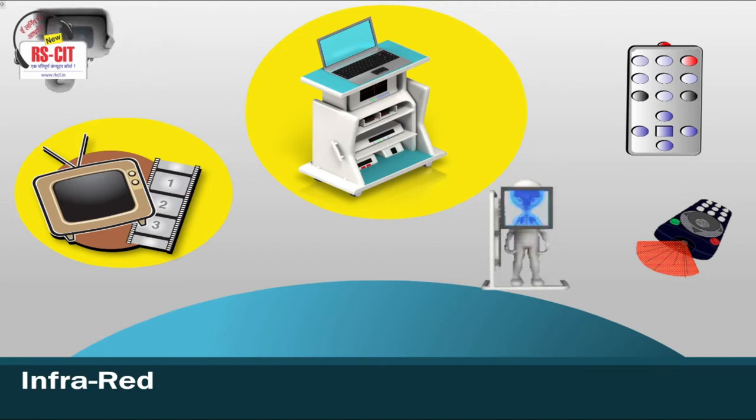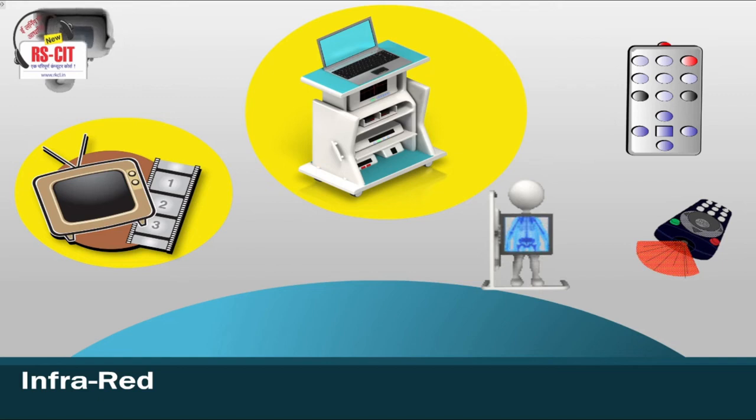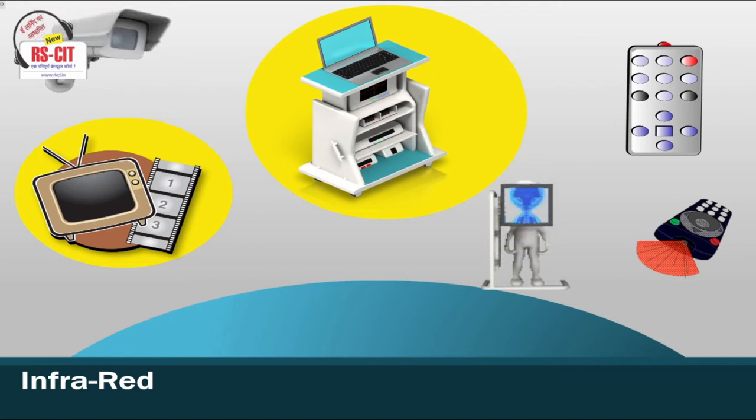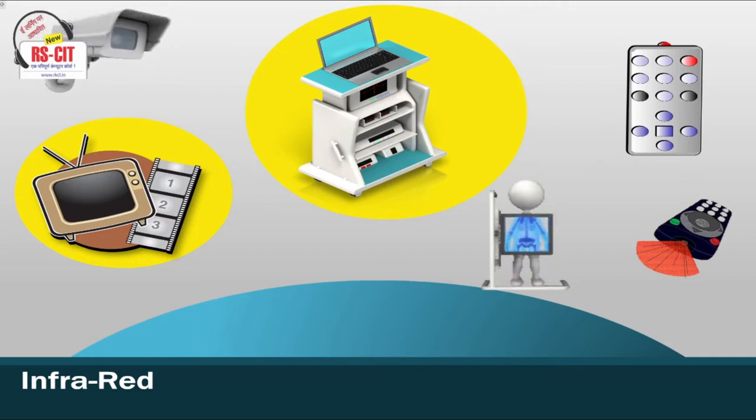This type of system can function when the source and destination are not directly visible to each other. Main characteristics of this kind of wireless optical communication are physically secure data transfer, line of sight, that is LOS, and very low bit error rate, that is BER, that makes it very efficient.